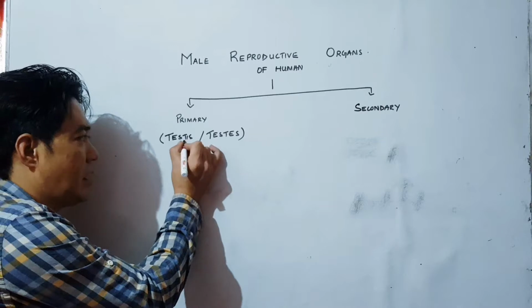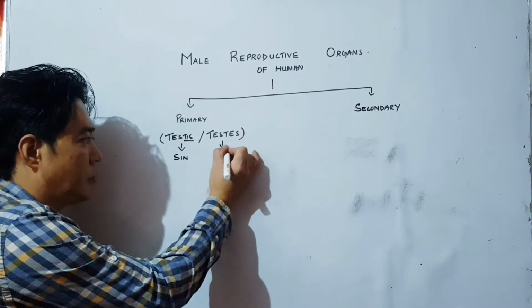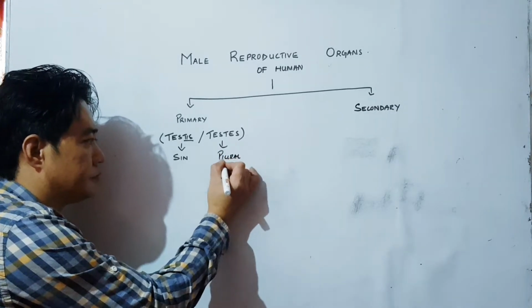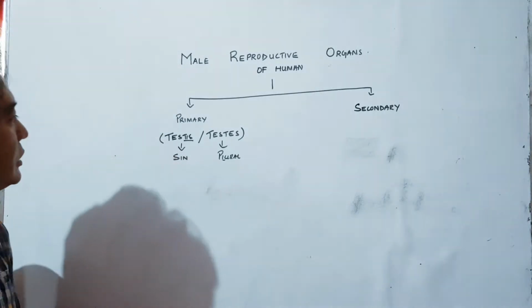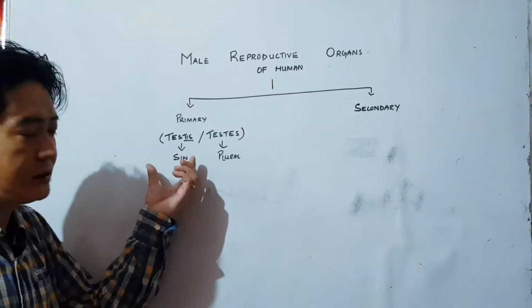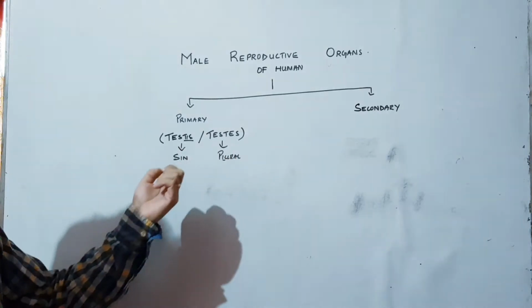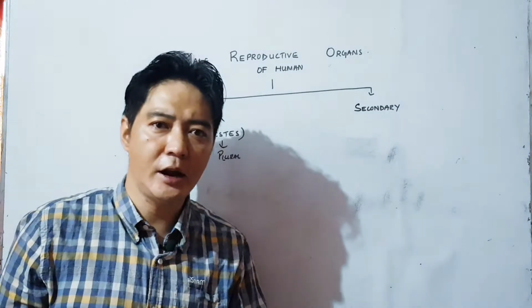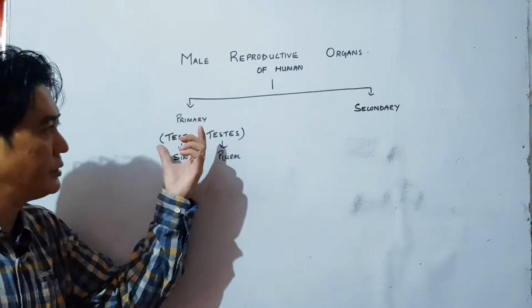Testis, TIS, is the singular form and this is plural. So from now onwards, don't get confused. Testis is the singular form and testes is the plural form. So testes are regarded as the primary reproductive organ of human.